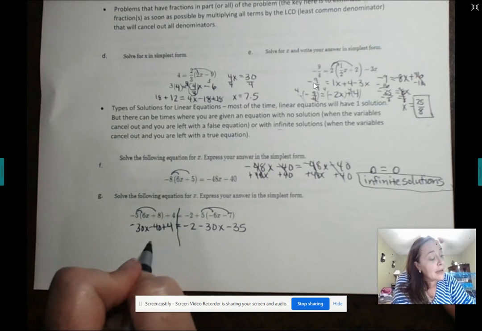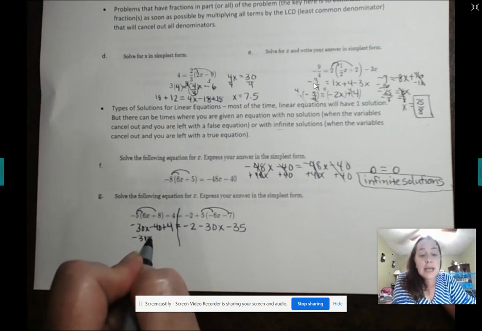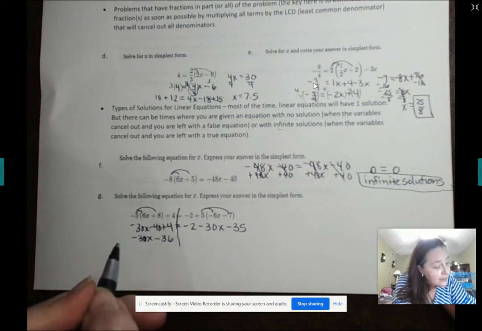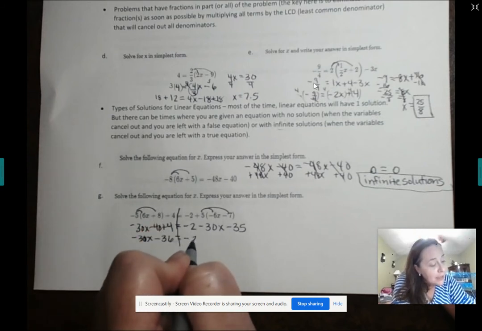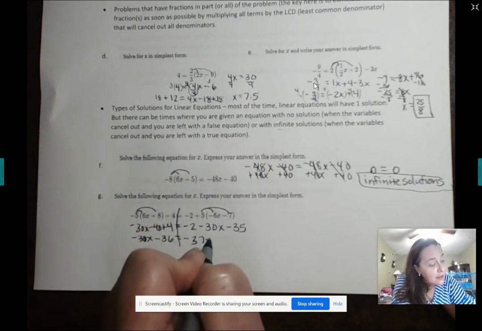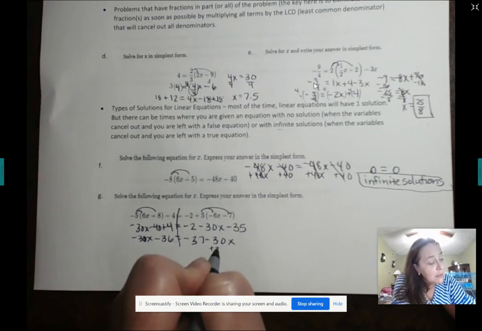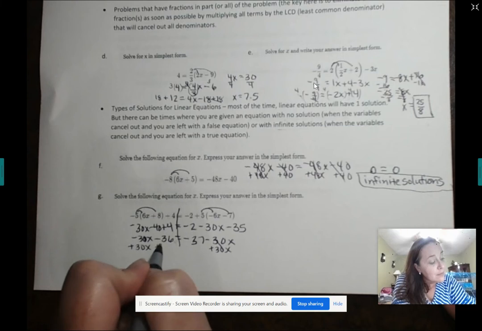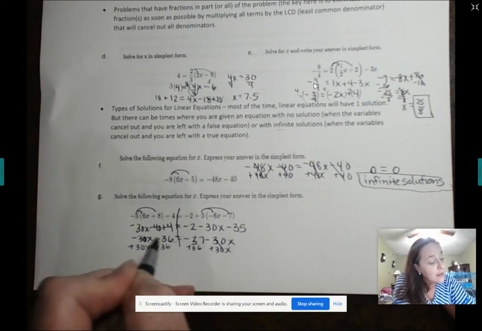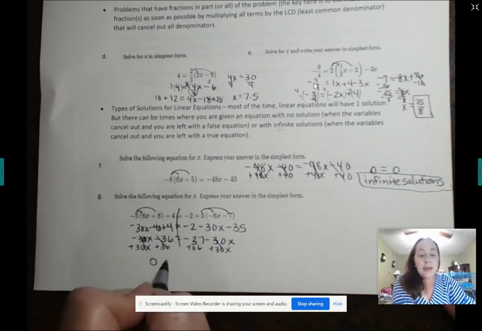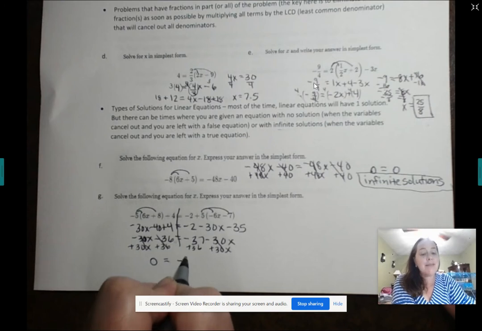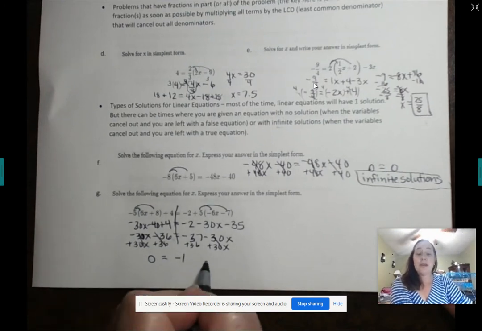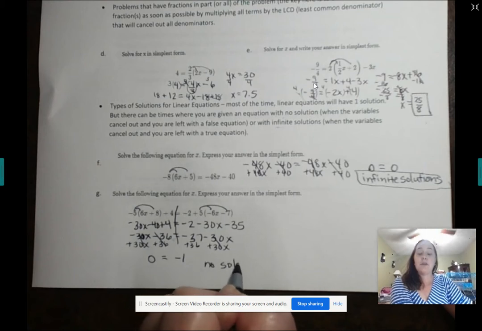And when I combine my like terms on one side, that's a 30, sorry, and I combine my like terms on the other side, and then I bring them to the same side, here I end up with nothing. Here I end up with -1. That's not equal. That's not a true statement. So that is an example of a no solution.